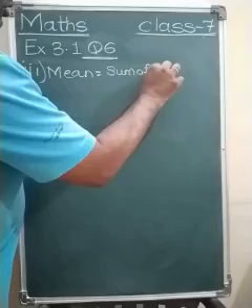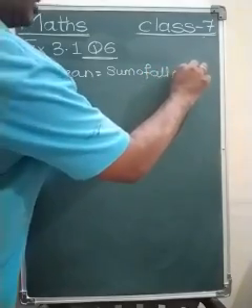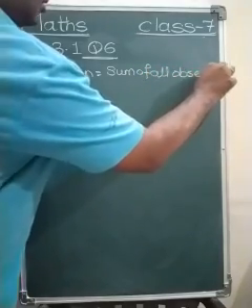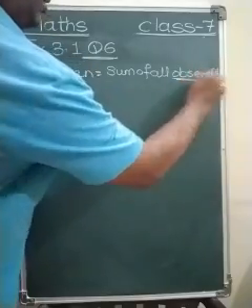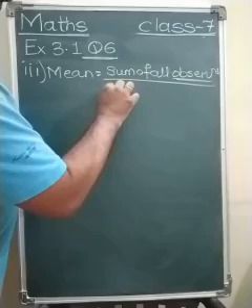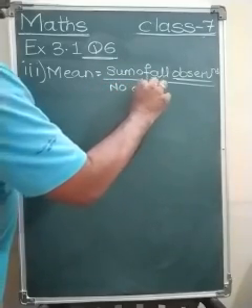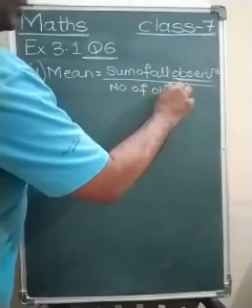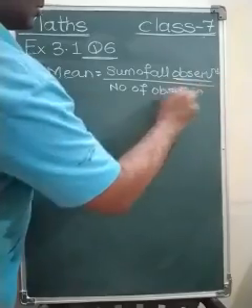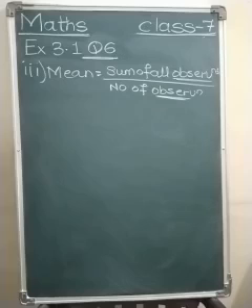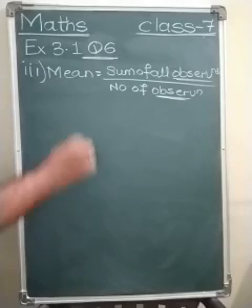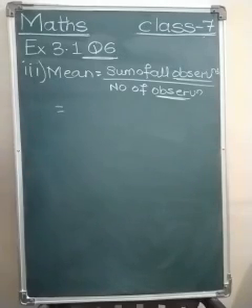sum of all observations divided by number of observations. Now this is the short form I am writing here. So this equals, what are the observations?